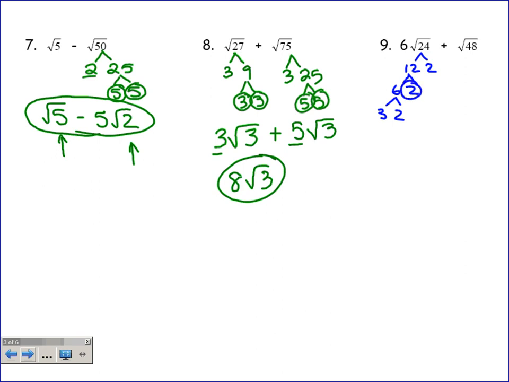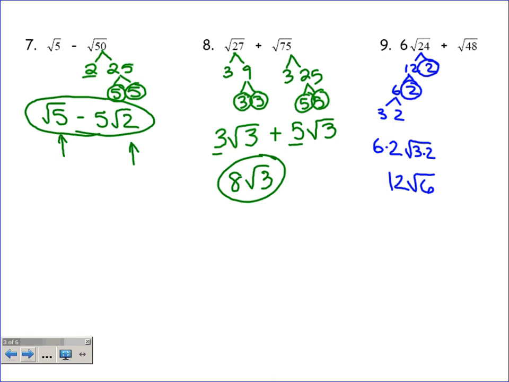I'm just going to take these 2 right here. So that'd be 6 times 2 times what's left over? There's a 3 and a 2 left over here. So that'll simplify all the way down to 12 times the square root of 6. Okay, that sounds good to me. Is that okay with everybody? Yeah, apparently it's not. What's your question?